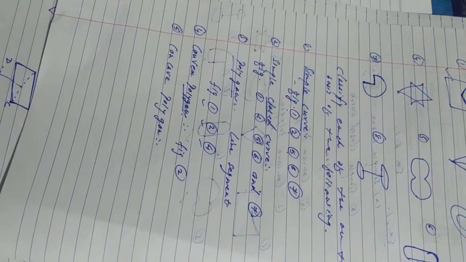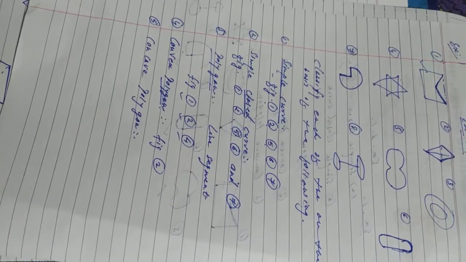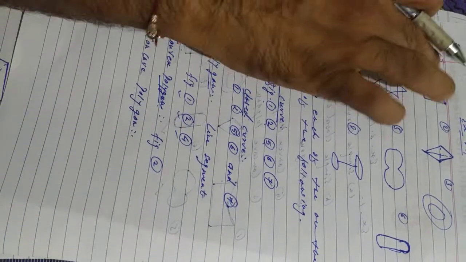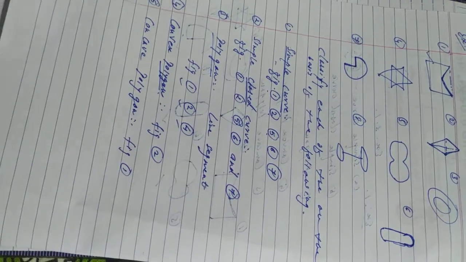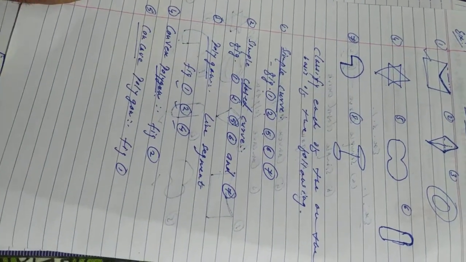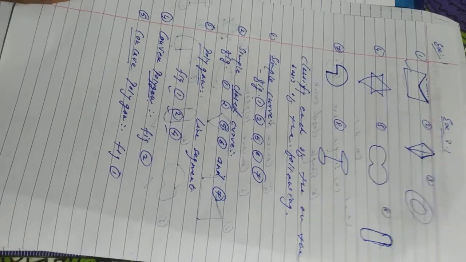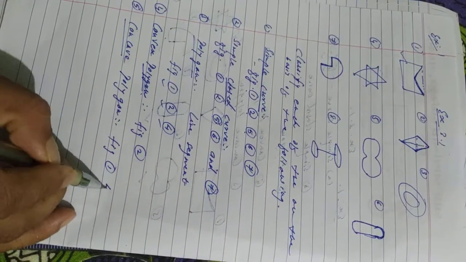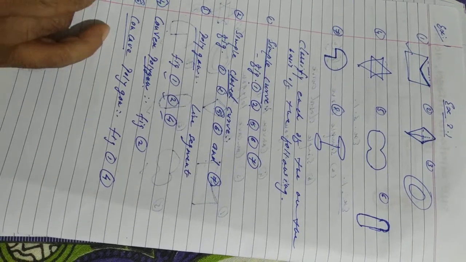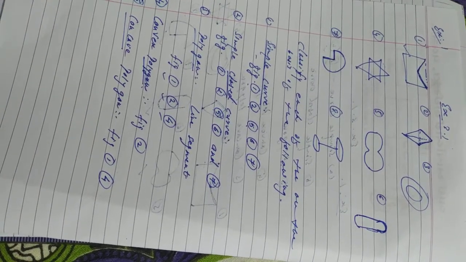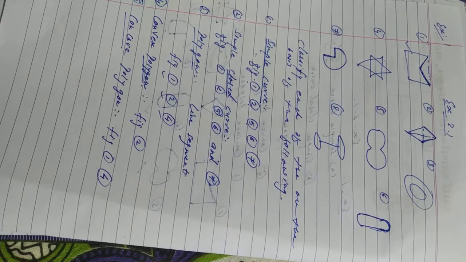Its diagonals are outside the figure. See in the first figure, so definitely figure number 1 contains a concave polygon, as well as another, figure number 4. So 1 and 4 are the examples classified as concave polygons.